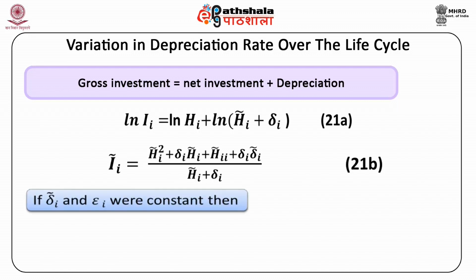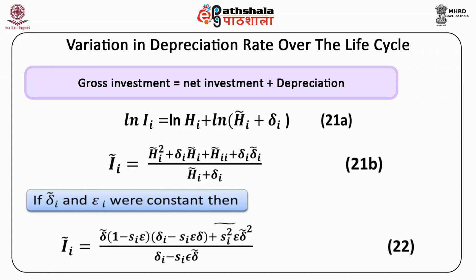If delta i tilde and epsilon i were constant, then we have I tilde equal to delta into 1 minus Si into epsilon into delta i minus Si into epsilon into delta plus Si squared tilde into epsilon into delta squared tilde, upon delta i minus Si into epsilon into delta tilde.